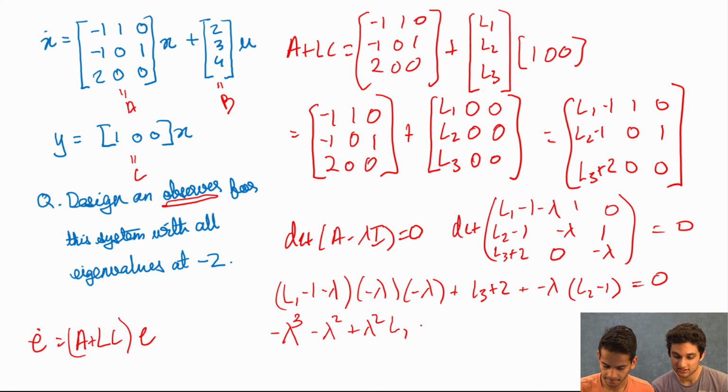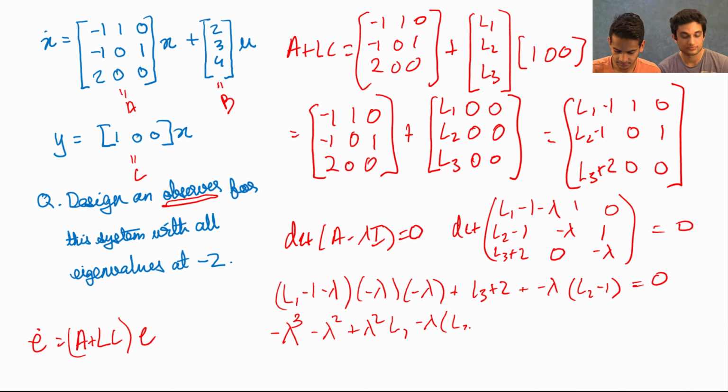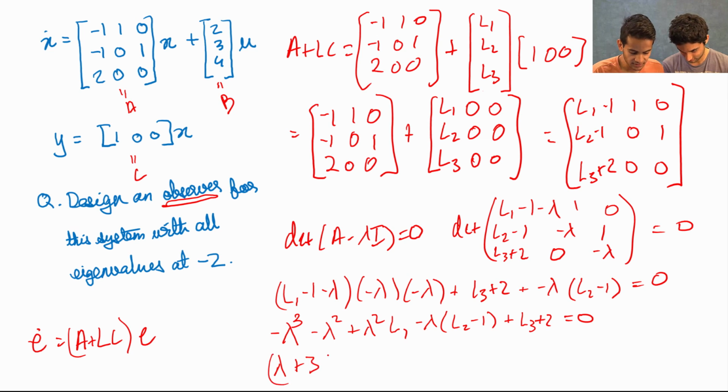And now we want the eigenvalues to be at -2, -2, -2. So you're matching to a polynomial that's lambda plus 2, cubed. So we should actually negate all of this anyways. Doesn't matter. We can keep that in mind later. So lambda plus 2, cubed, which is lambda cubed plus 2 cubed, that's 8.